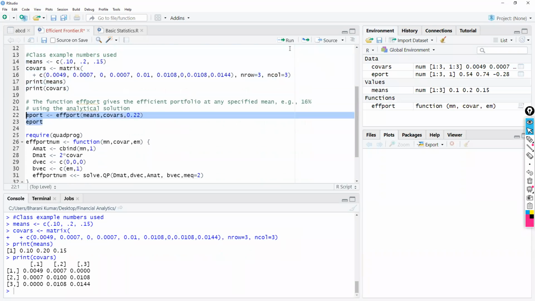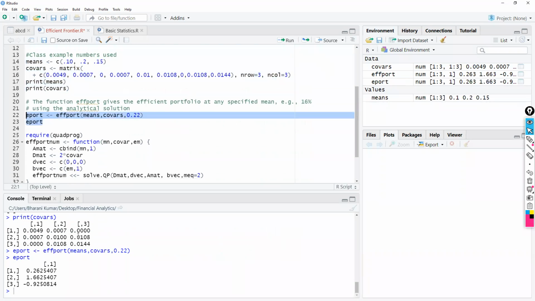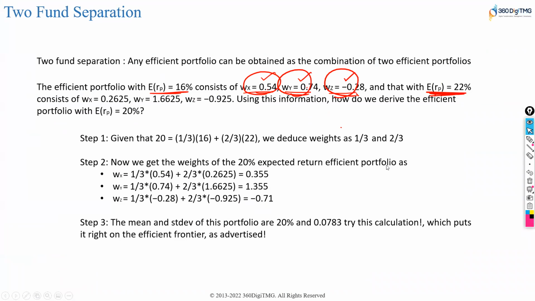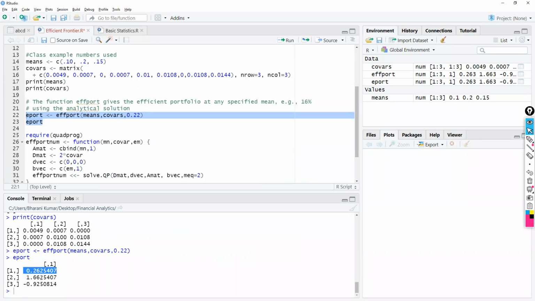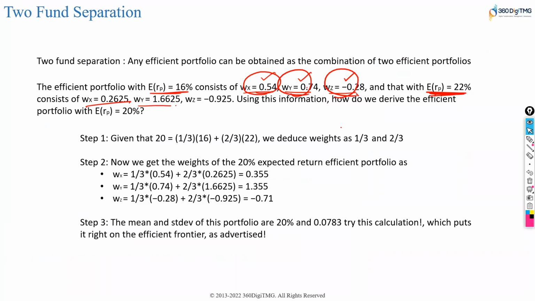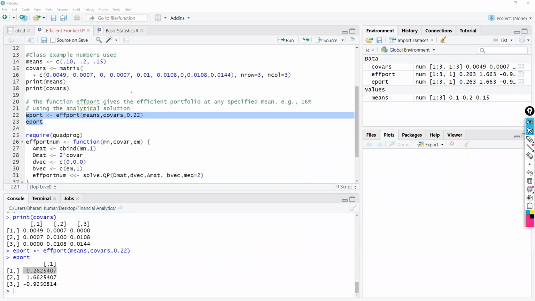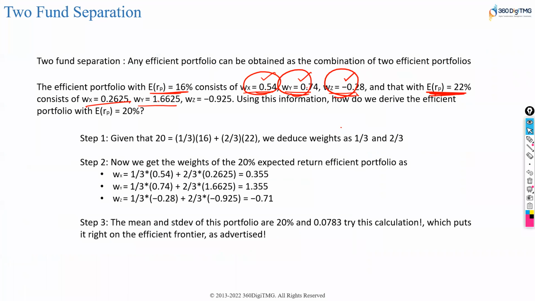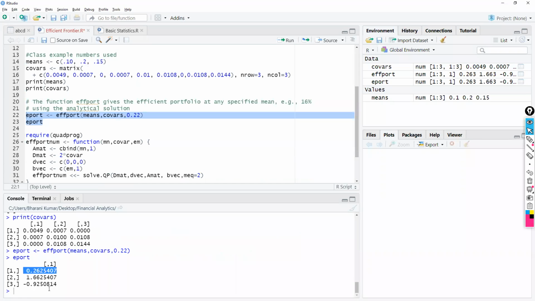Now, if you want 22%, I'll just change it to 0.2, and it says 0.26 in X, 1.66 in Y, and when you add these 2, you get 1.925, and Z is minus 0.9.